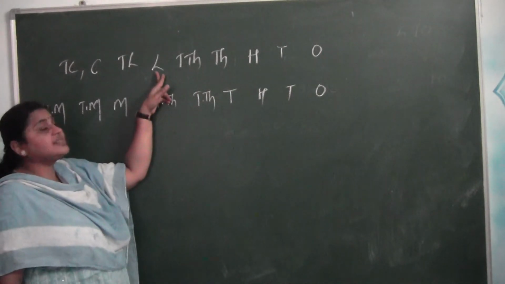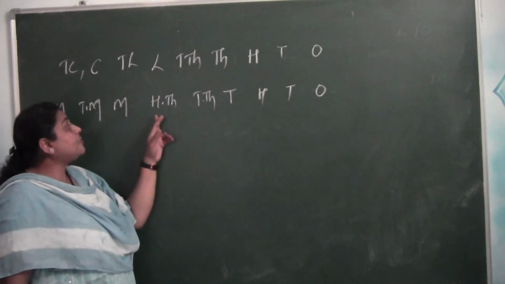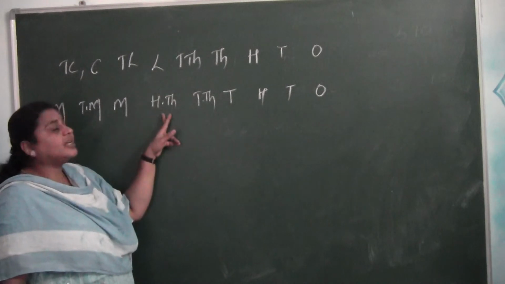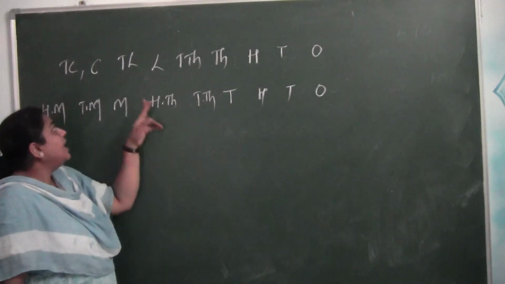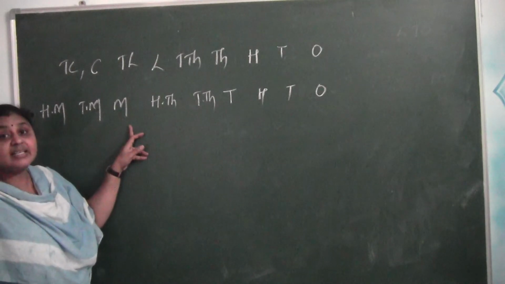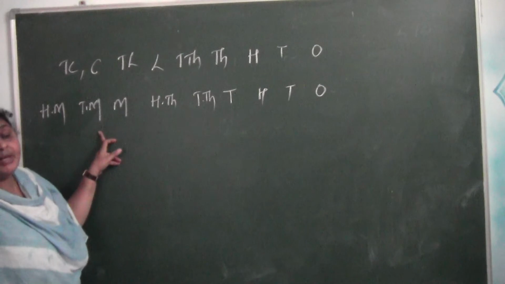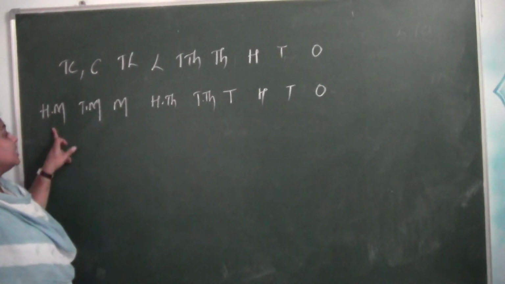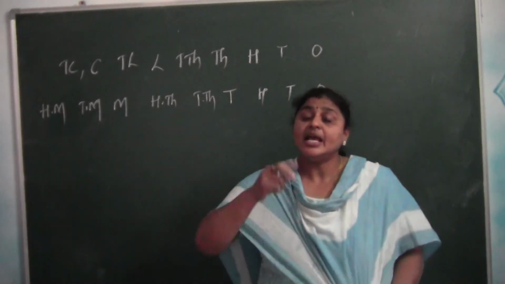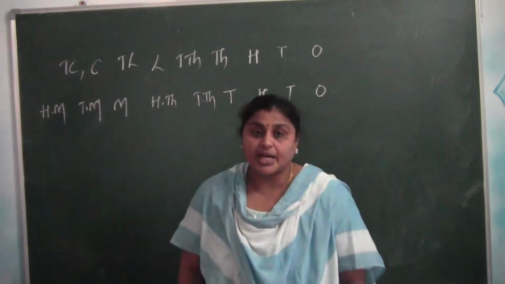Here lakhs is there in the Indian place value system; in the international place value system, 100,000s. Lakhs is nothing but 100,000s, and 10 lakhs is nothing but million. Crores is nothing but 10 millions, and 10 crores is nothing but 100 million. So that is the difference between the Indian place value system and the international place value system.